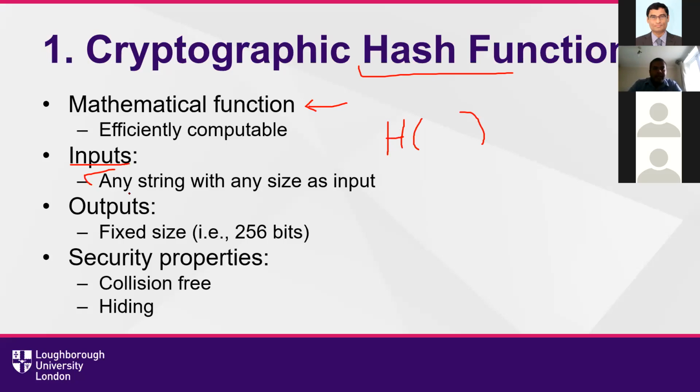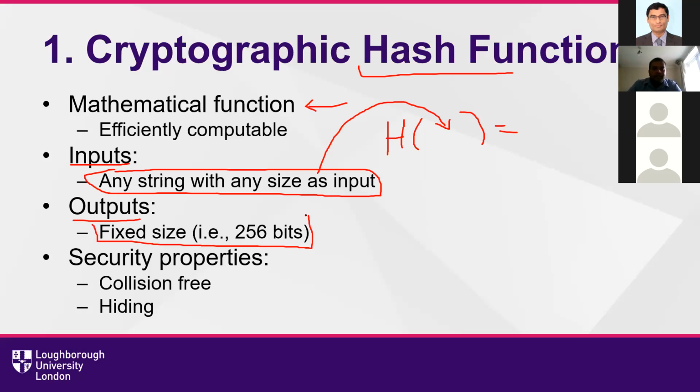Any string, any data as a string. If you give any data as a string as input to this mathematical function, it will output a 256-bit message digest. The output would be 256 bits.